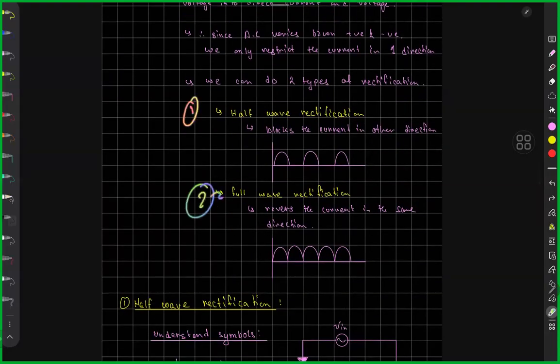One, we can omit the current in the negative axis. That is, we won't allow current in the opposite direction, we block it off, and the process is using a diode. The other is full wave rectification, where whatever current is coming from the opposite direction, I redirect into the same direction.